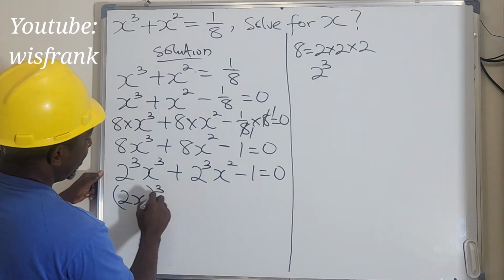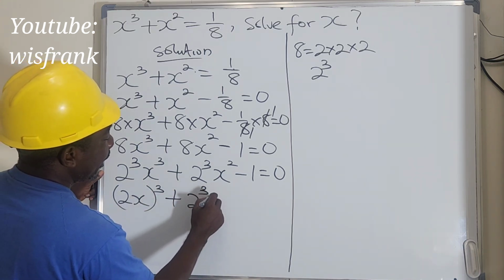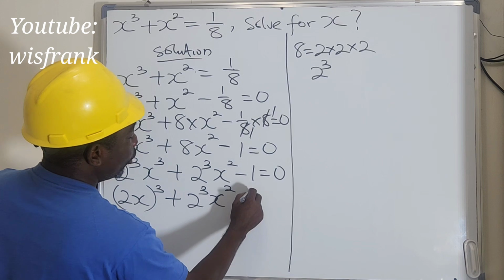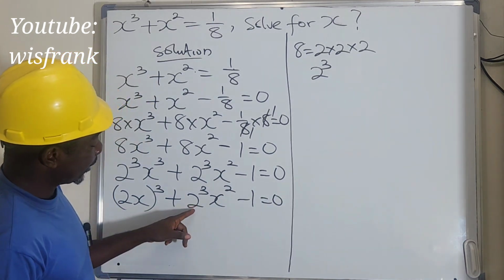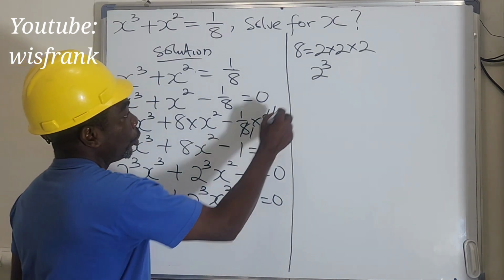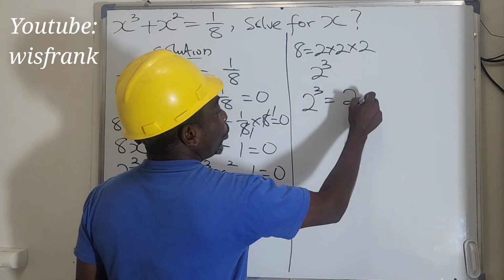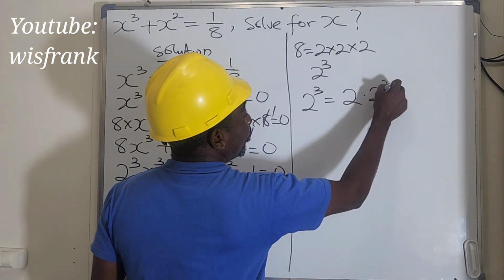So this will become plus 2 raised to the power of 3 x raised to the power of 2 minus 1 equals 0. In this case, 2 raised to the power of 3 is the same thing as 2 times 2 raised to the power of 2.